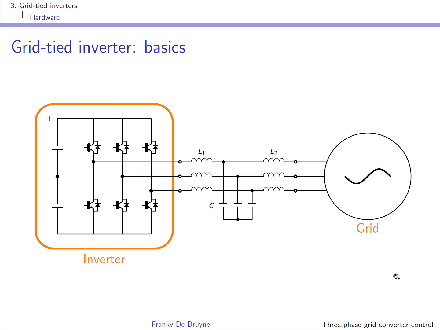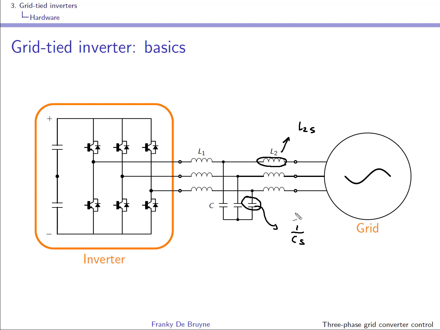So using just an inductor will lead to ripple, so what we'll have to do is to replace this by an LCL filter. We'll see the details of that later on in the course, but roughly speaking, this capacitor has an impedance which is 1 over CS, and this one here has an impedance L2S. So at the switching frequency, at high frequencies, this looks like a high impedance and this is a low impedance.